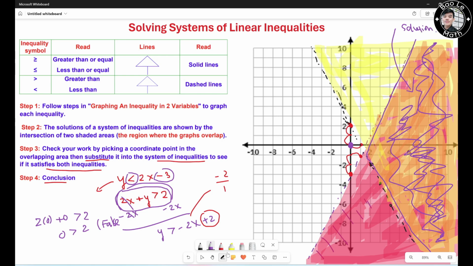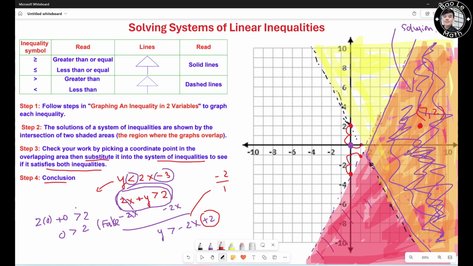You can pick any point in this region and substitute it into the system, and the point should satisfy both inequalities. For example, I pick a random point right here, which is 7, 2.